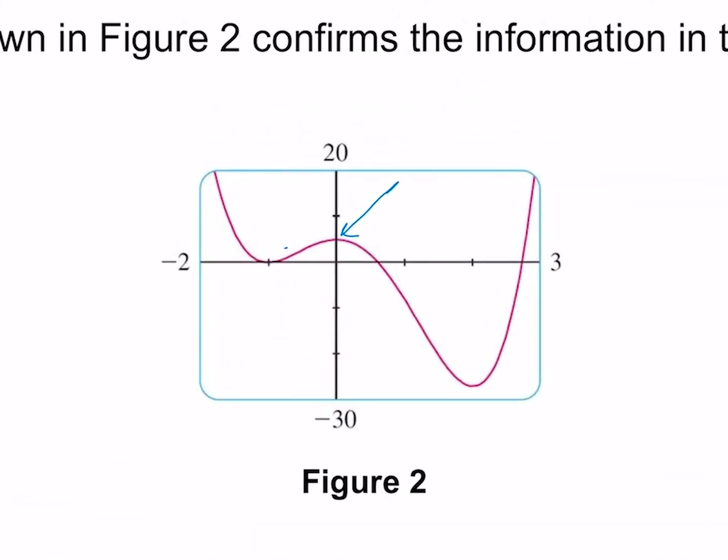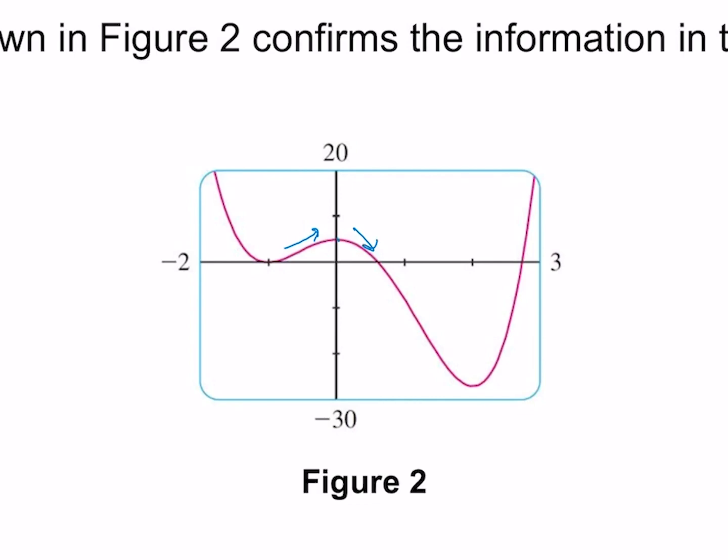So again, we're going uphill here, which is a positive slope. And to the right of that point, the first derivative, or the slope of the tangent lines, is negative.